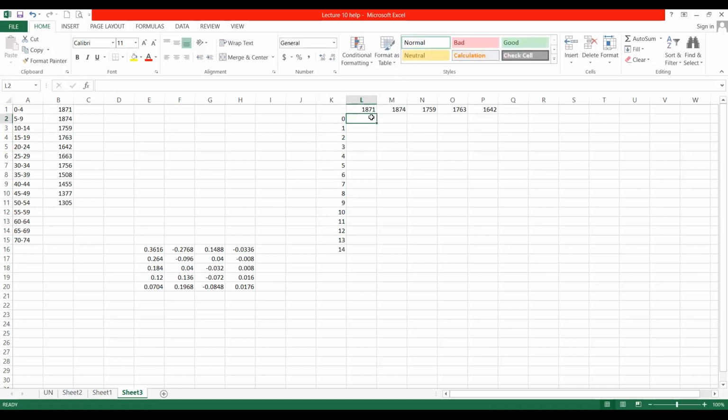Okay, what I need to do is multiply this value by this value. And I need to multiply this value again by this value.